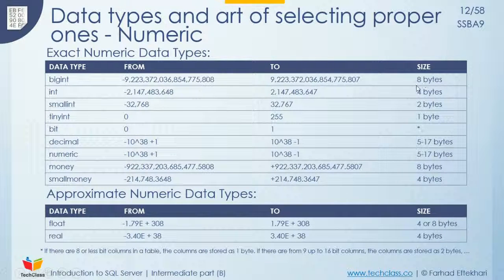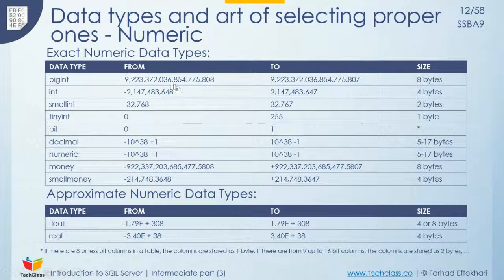So here's that thing that I told you about space saving. When you know that you're going to store some numbers that are not going to be greater than 2 billion, then by using bigint you're going to use much more resources from your database.